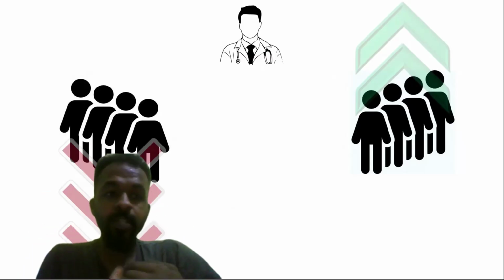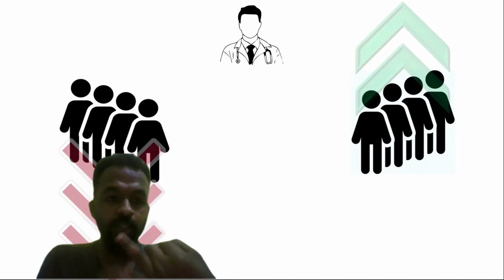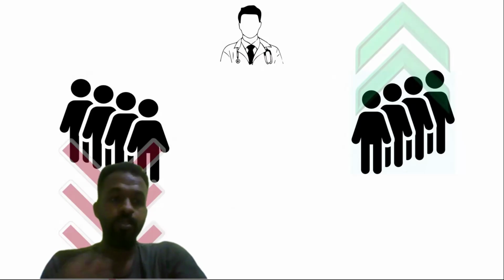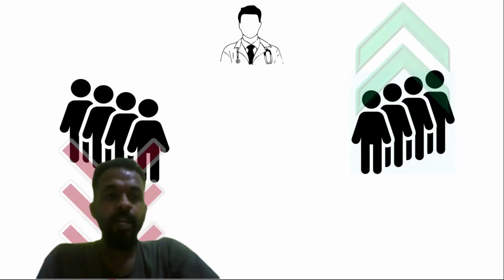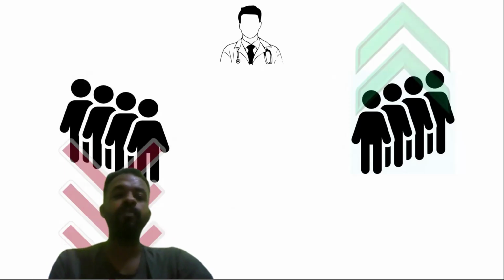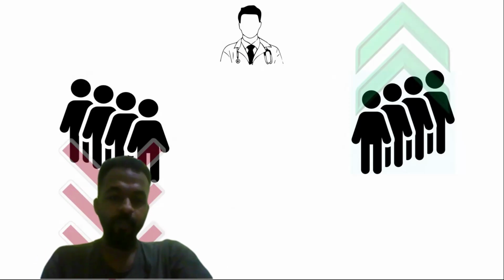The second one is the alternative hypothesis, or H1. So we have H0, no difference happens, and H1, there is a difference. This assumes there is a real difference. A common mistake students make is thinking we prove the alternative hypothesis directly. No, actually, we look for enough evidence to reject the null hypothesis.